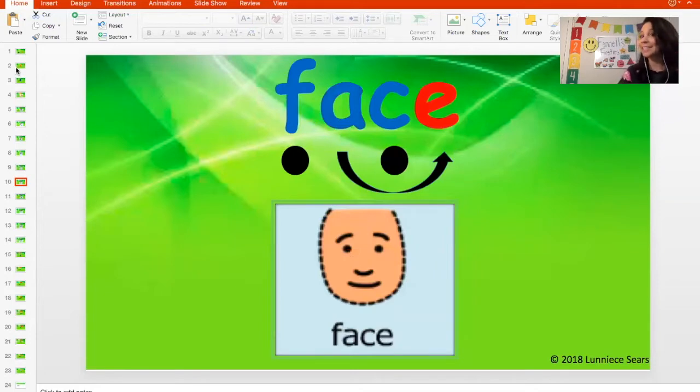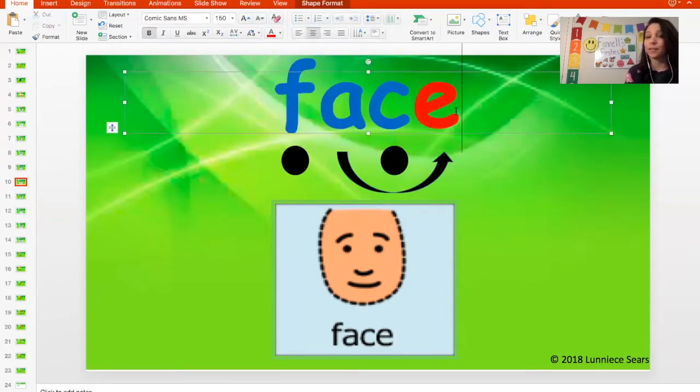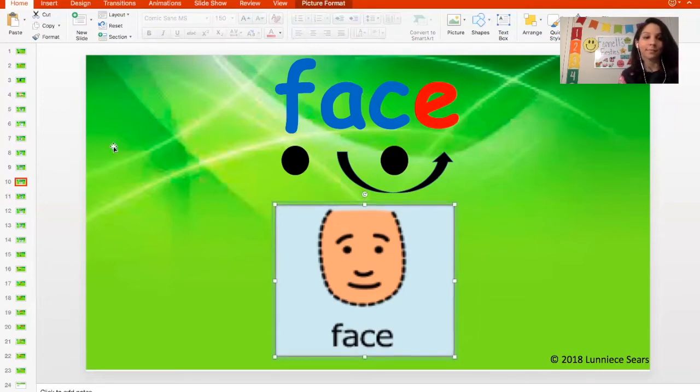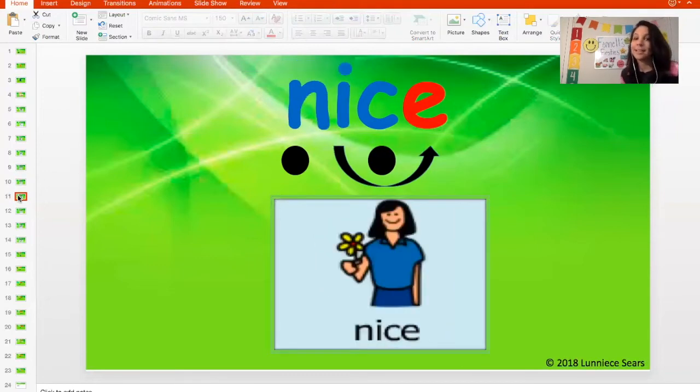F, ace. Why does face have the soft C? There's an A here, but remember, it's what goes after. It's followed by the E. E makes it say S. N, ice.